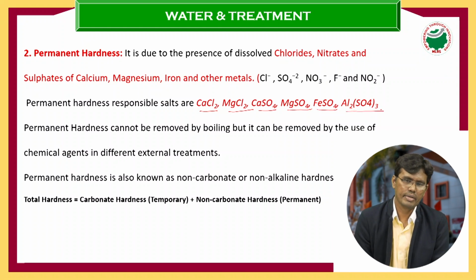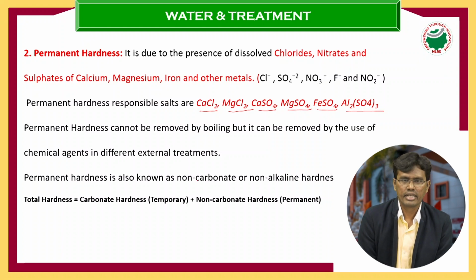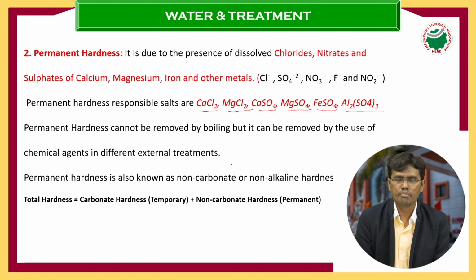Again I am repeating, permanent hardness is when the water dissolves or contains sulfides, chlorides, nitrites of calcium and magnesium salts. Permanent hardness cannot be removed by the boiling method like temporary hardness.